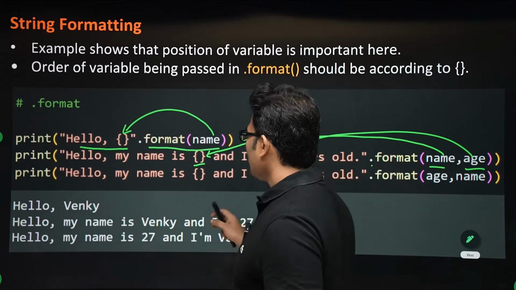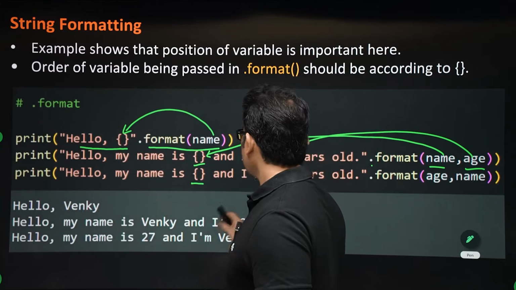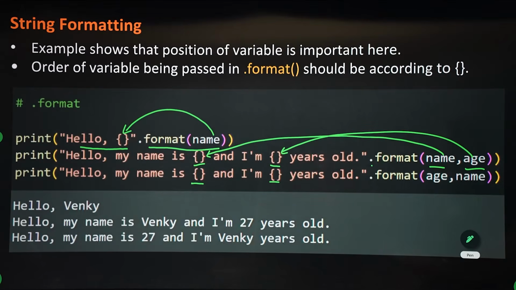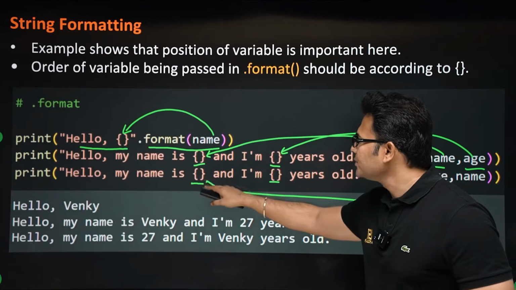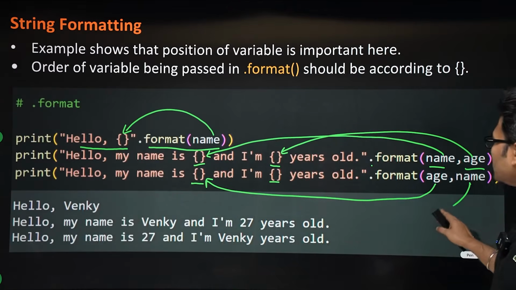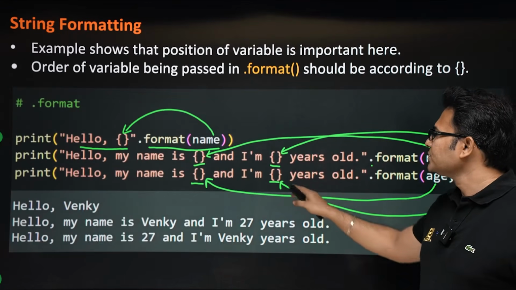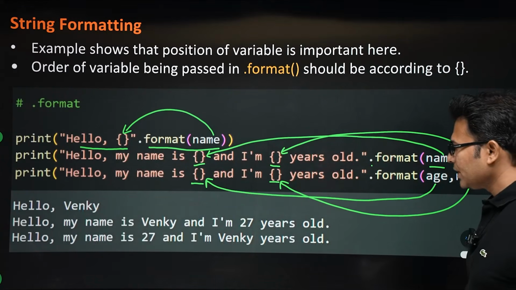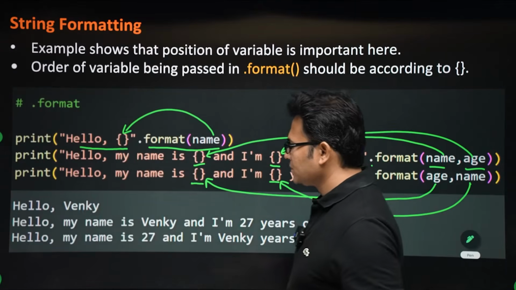Now if you have my name is something and I am something, and I change the ordering, this is important. See this: the first variable will go to the first curly brace, the second variable will go to the second curly brace.